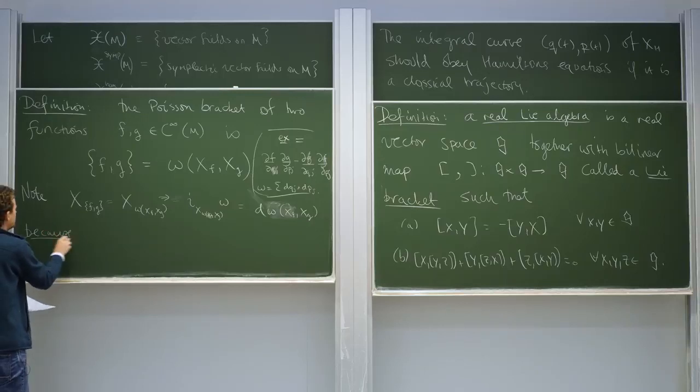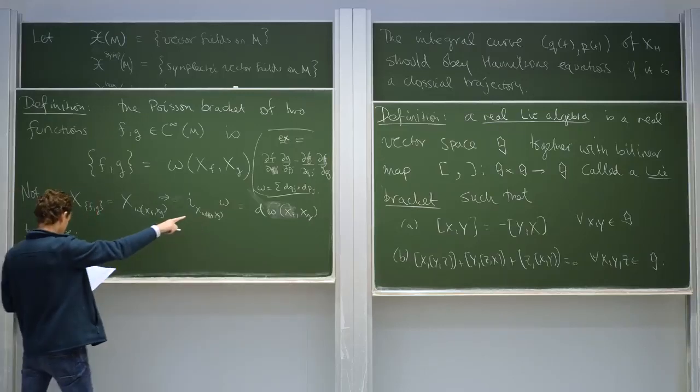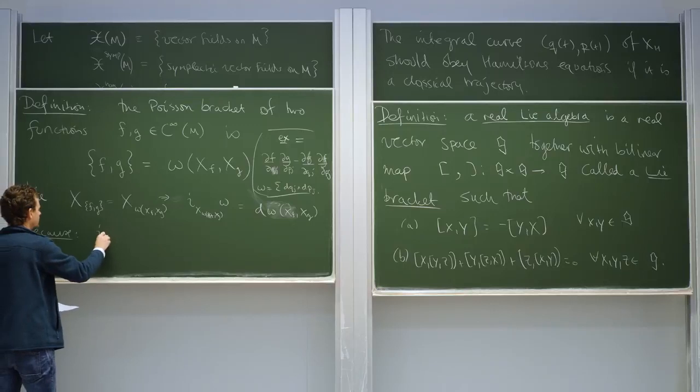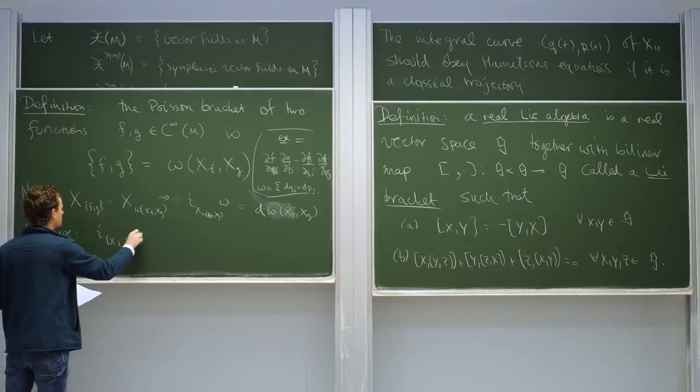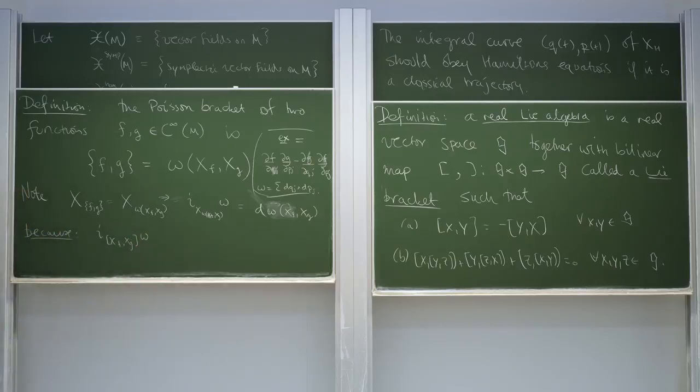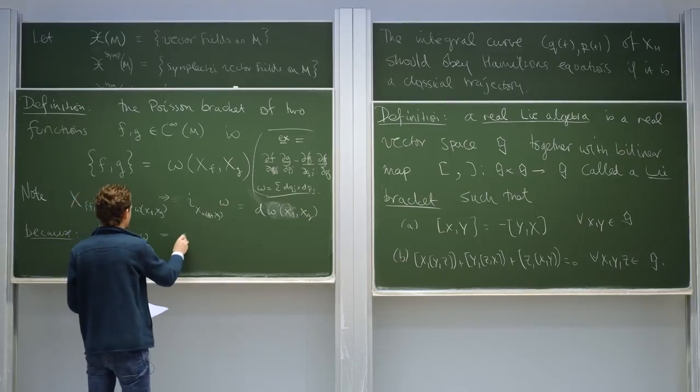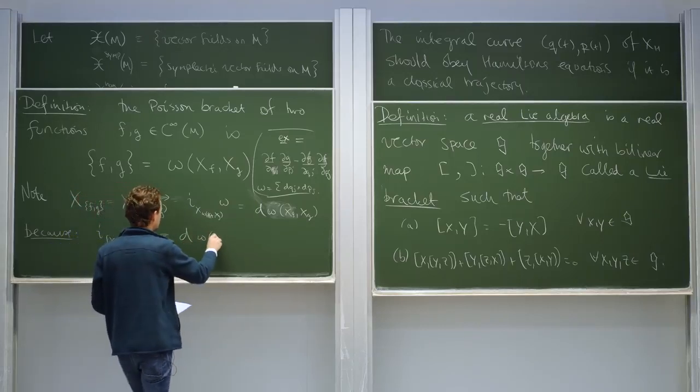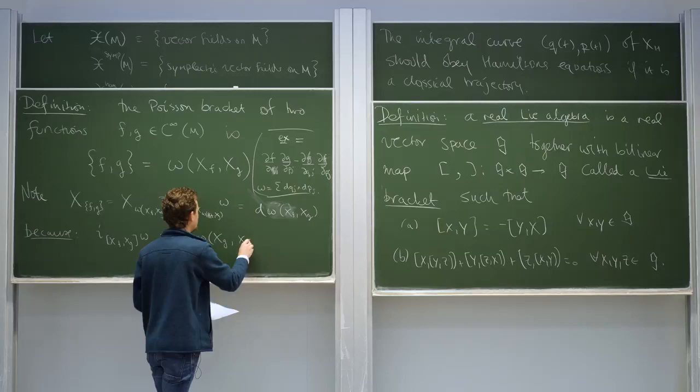But we know something about the internal products with respect to commutators, and we're going to use that fact right now. If we do the internal product with respect to a commutator of this 2-form, we have a formula for that as well, which we derived just before.